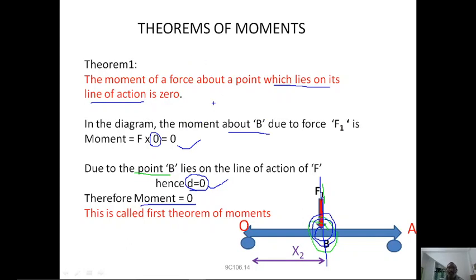We have already used this type of condition in our earlier problems also.